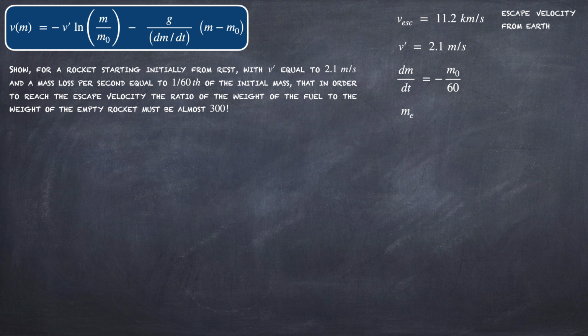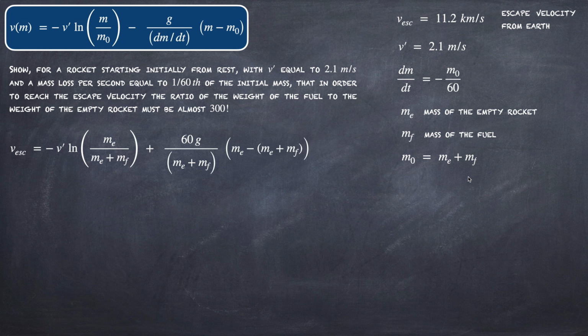What else? Let's consider ME as the mass of the empty rocket, MF as the mass of the fuel, and m0 as the initial mass of the rocket, which includes the empty rocket plus the mass of the fuel. Okay, then, to reach the escape velocity, we will get on the left-hand side the escape velocity equals the negative of v prime.